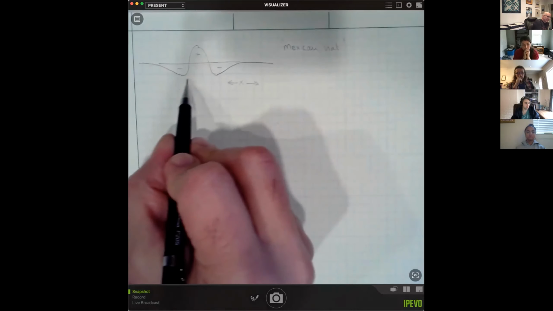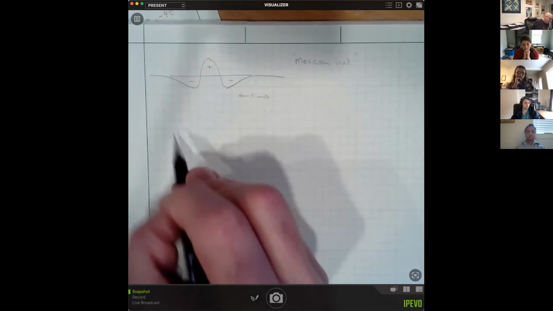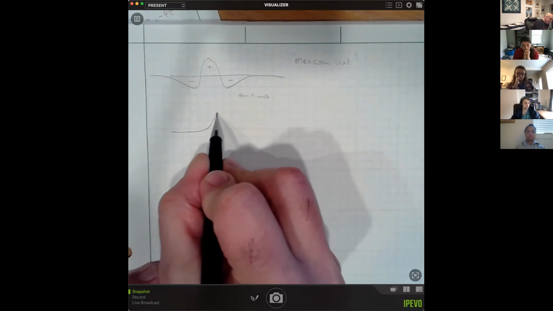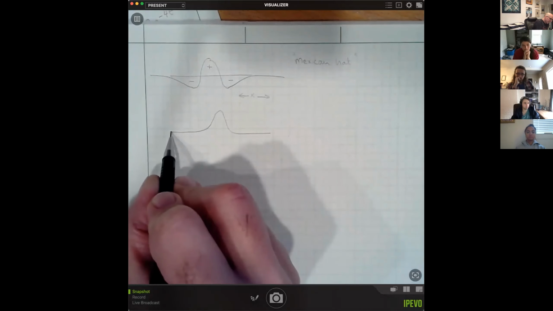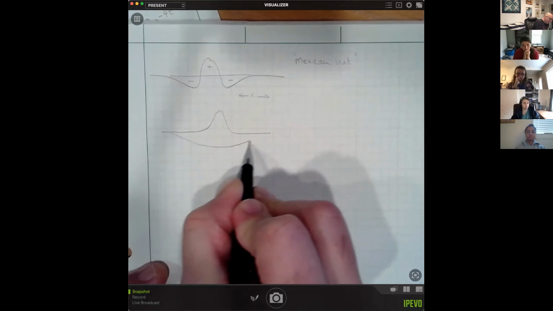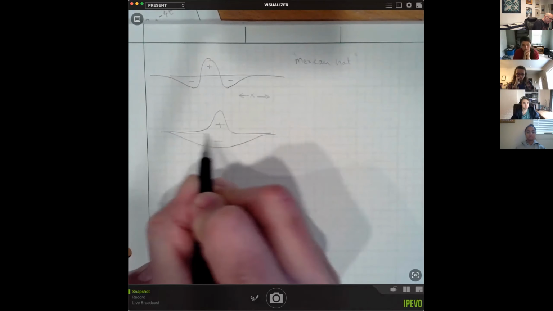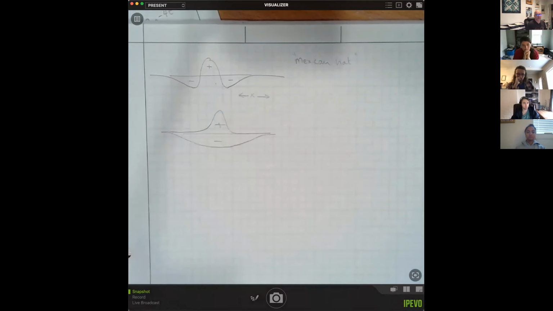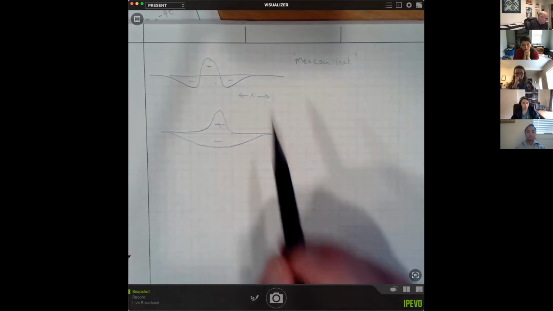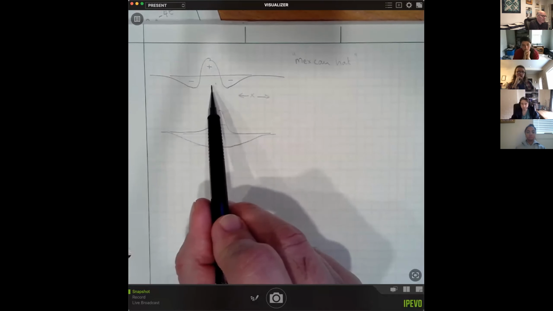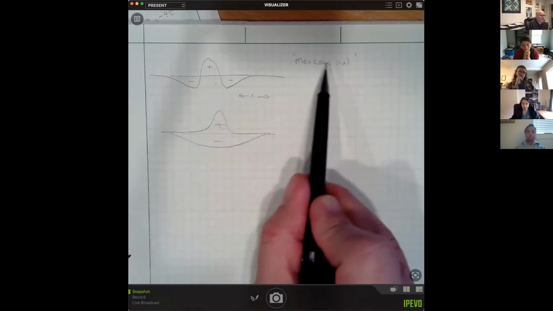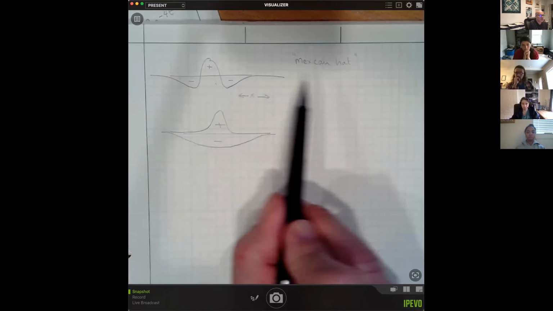You could get this by having a short range positive thing, and then you add on to it a long range negative thing, right? And you get that. People find in lots of systems that if you have this Mexican hat type of interaction function, you get patterns.